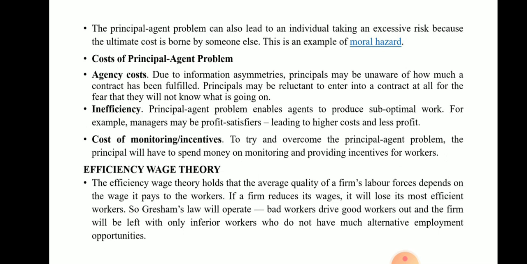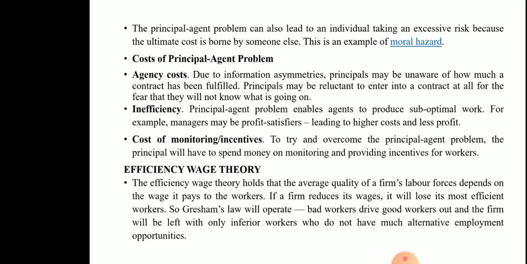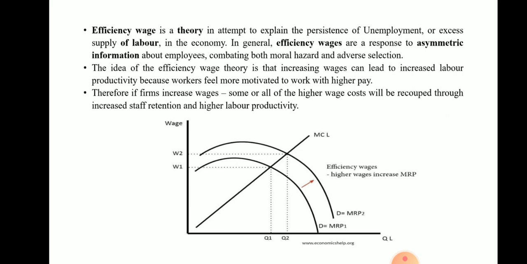Bad workers drive good workers out, and the firm will be left with only inferior workers who do not have much alternative employment opportunities. Now, efficiency wage is a theory in an attempt to explain the persistence of unemployment or excess supply of labor in the economy.